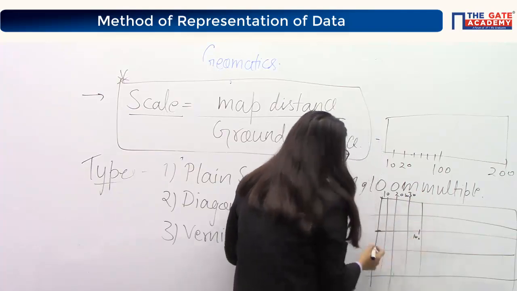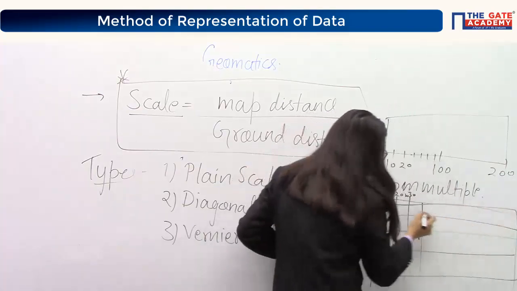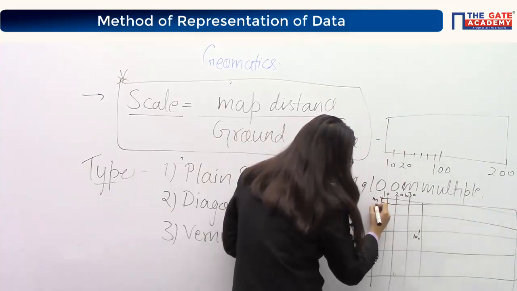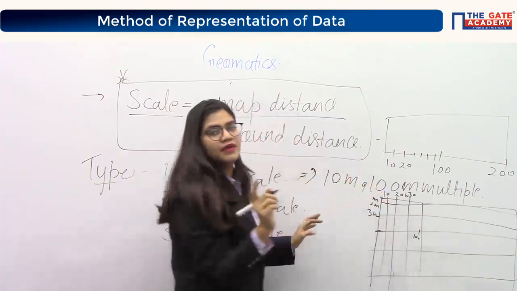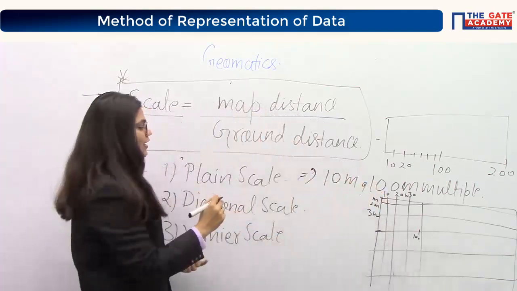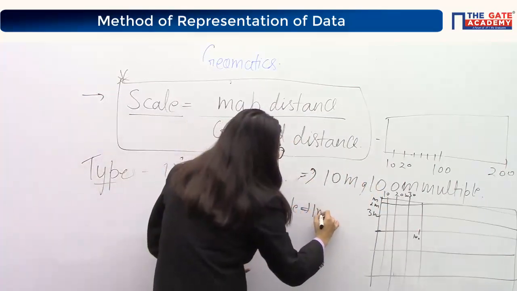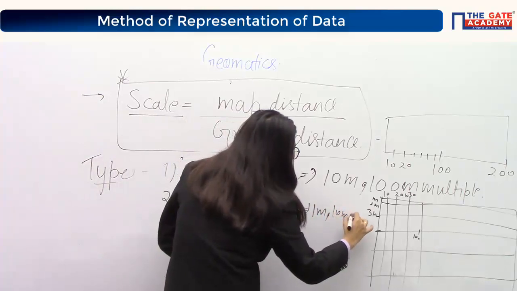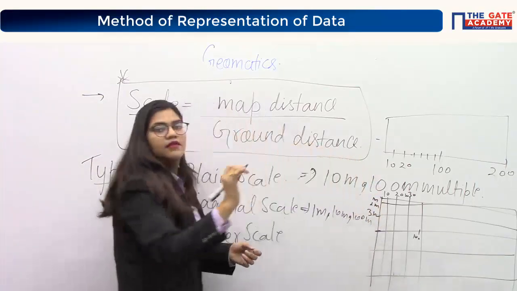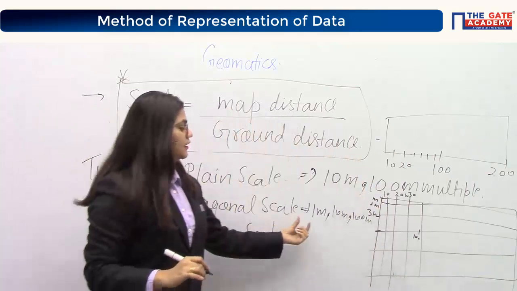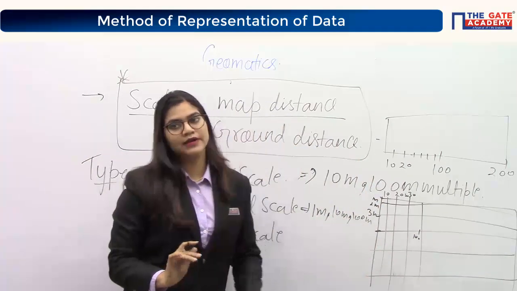Like this. And here this line will be 1 meter, 2 meter, 3 meter. It means you can read the value of 1 meter, 10 meter and 100 meter multiple. Clear?